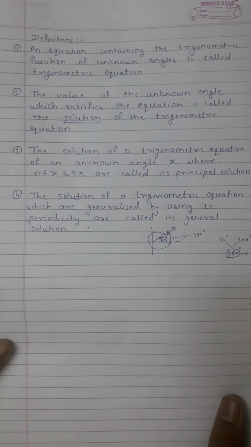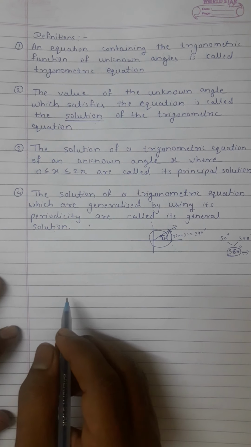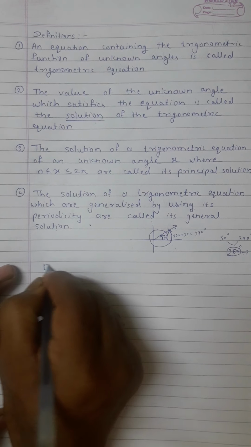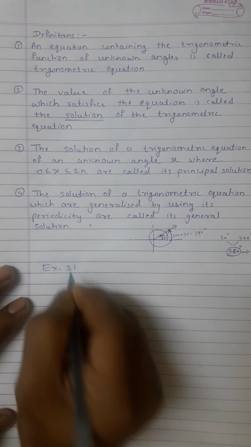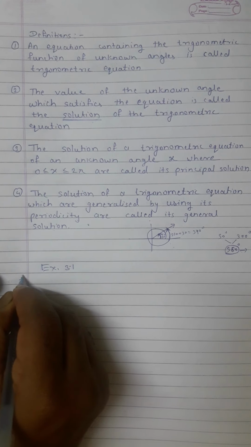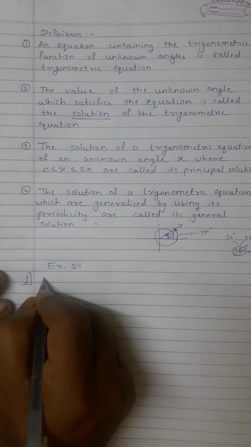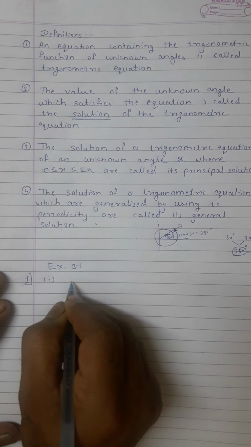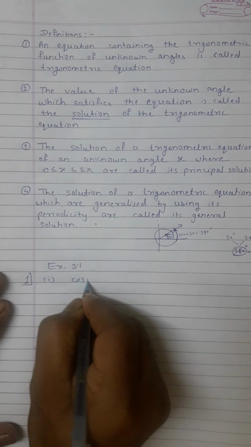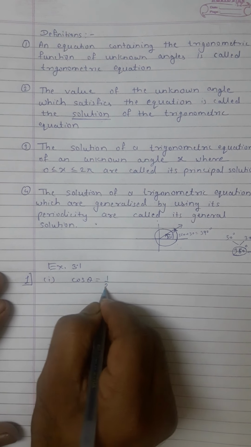Now let's solve some problems of principal solution. The problem is from exercise 3.1, question number 1, sub question 1: cos theta is equal to 1 by 2.